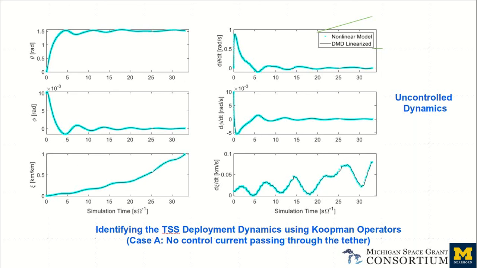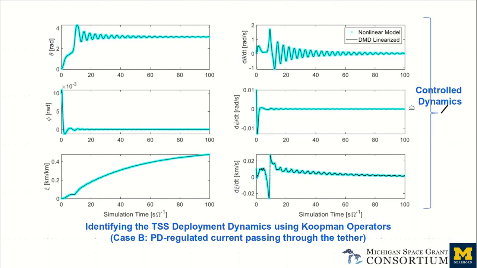In the second set of simulations, we started controlling the current which was flowing through the tether. Specifically, we used a very simple proportional derivative controller to control the current passing through the EDT. And we increased the length of the tether from 0% to around 45%.